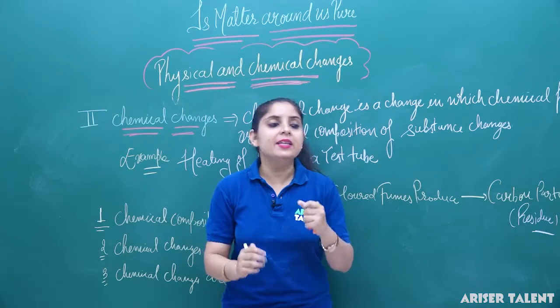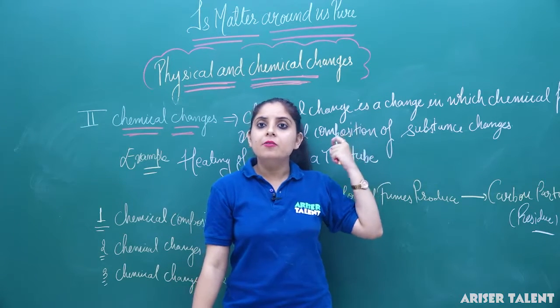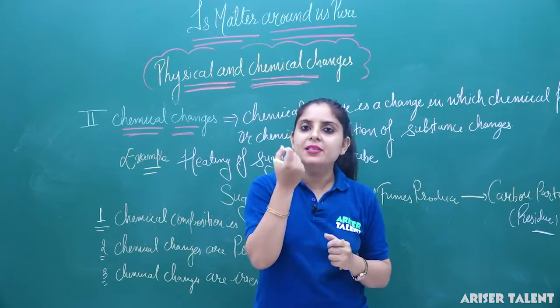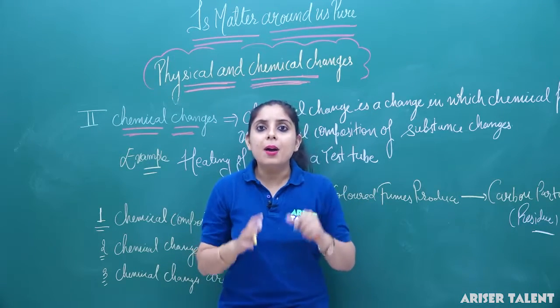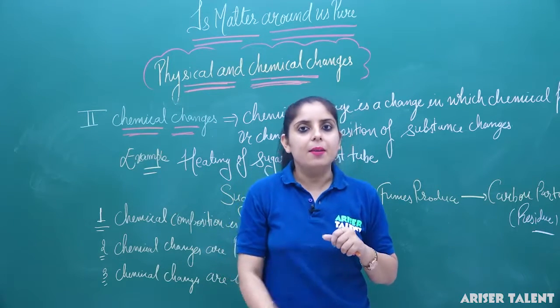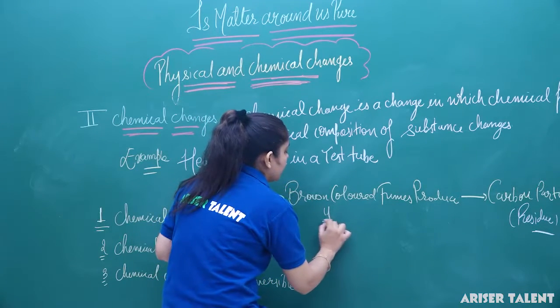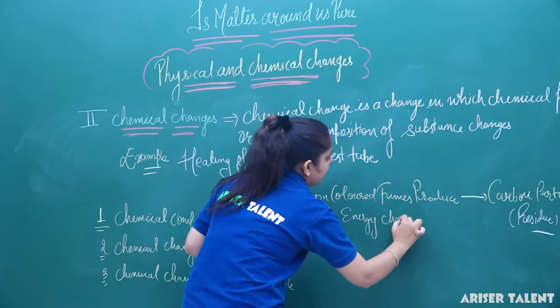But if you are weighing the total, the residue and the weight of the fumes, then definitely it is going to be somewhat equal, but there is a little difference between the weight of a substance. So you can see that the amount or the weight of a substance also changes in chemical changes. If I am talking about the energy change, definitely an energy change takes place.